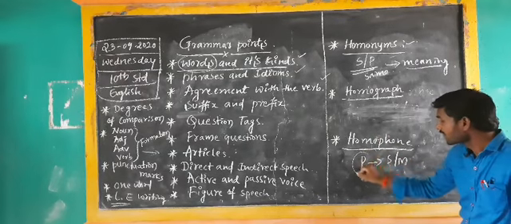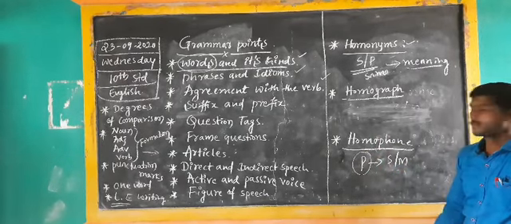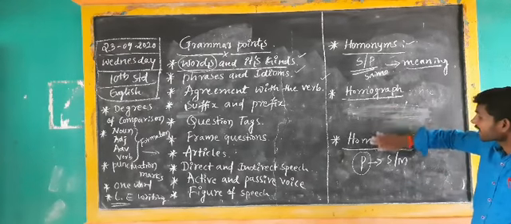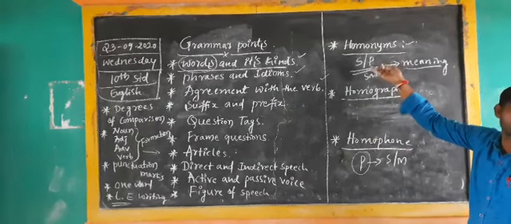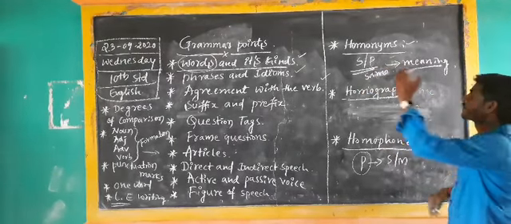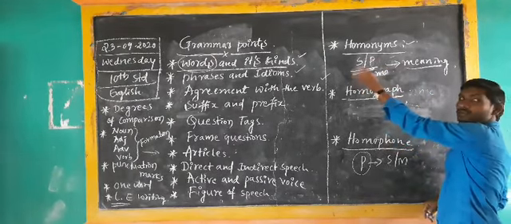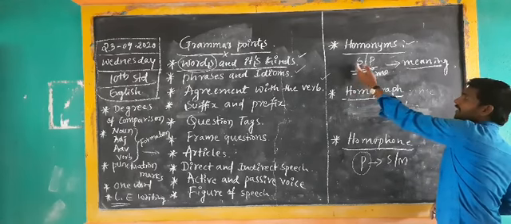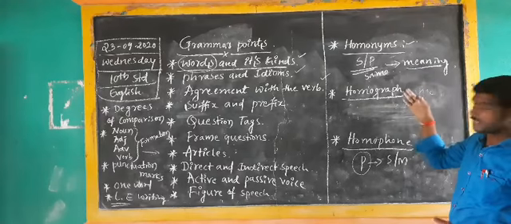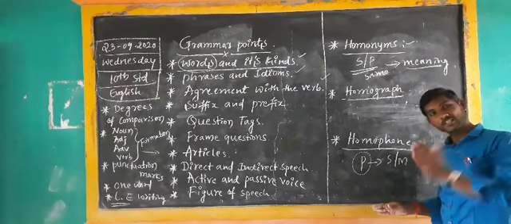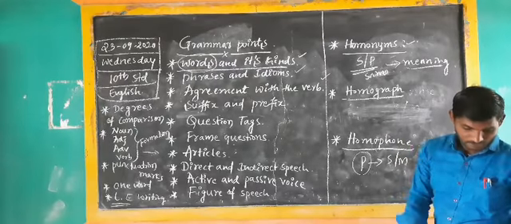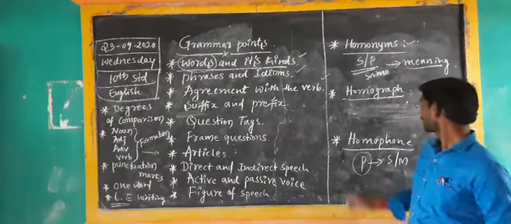Homophones have the same pronunciation, but spellings and meanings are different. It is very different from the homonyms. Homonyms means words are the same in spelling and pronunciation, but meanings are different. Here pronunciation is the same, but spelling and meanings are different. And what is the next one we have to complete?